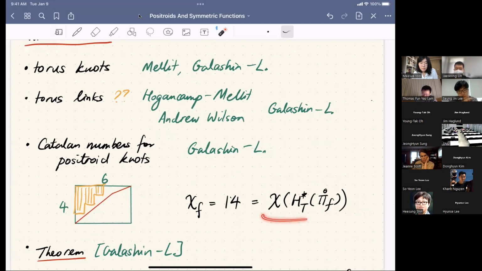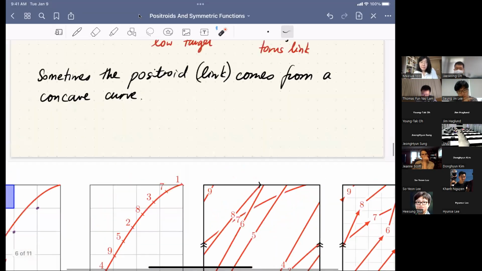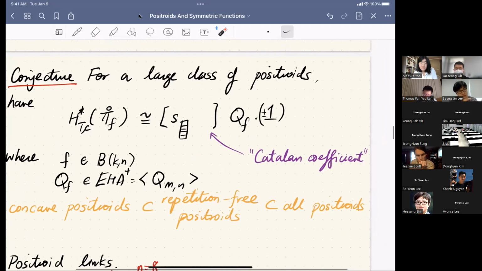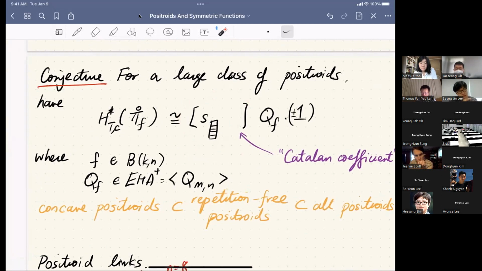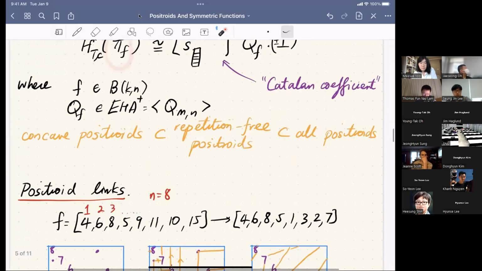And this is the thing that should correspond to a particular Schur function coefficient. So part of the conjecture here is that the Schur function coefficient should be the Qt Catalan number corresponding to that positroid variety, corresponding to that F.